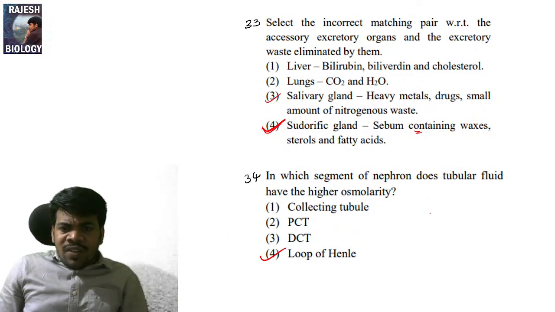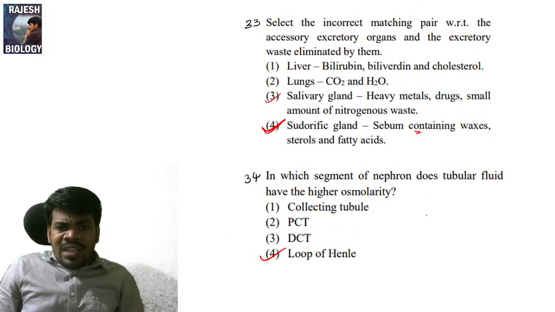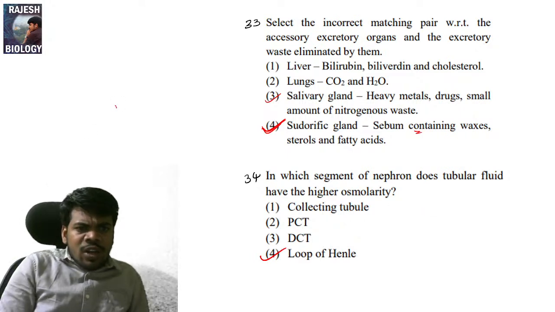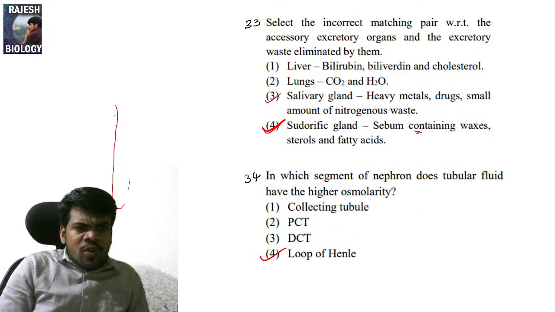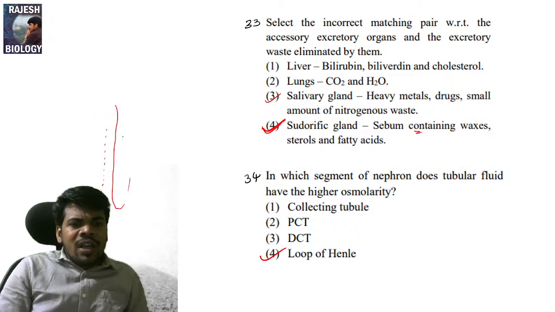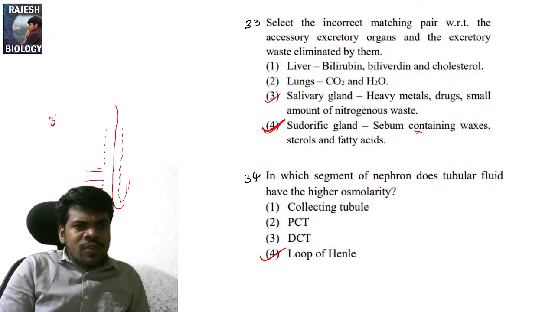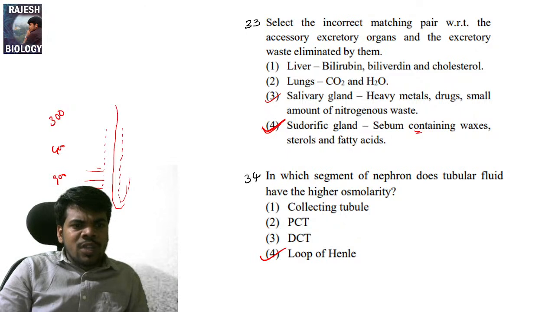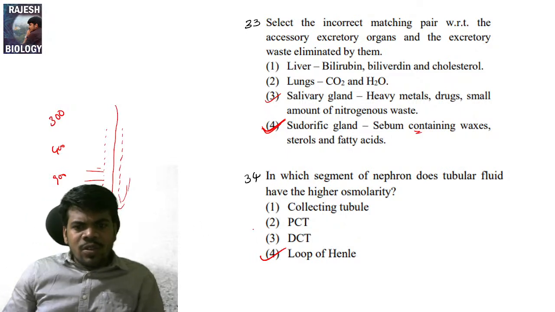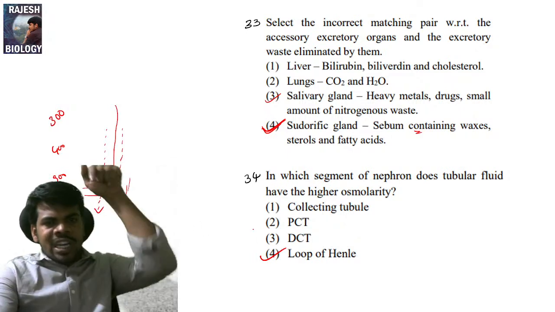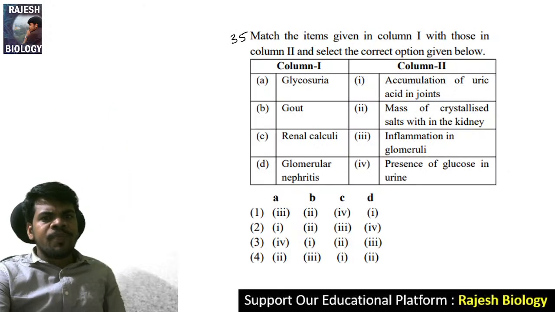When the Henle's loop enters the deeper portions of the medulla, it becomes more concentrated because medullary interstitial fluid is more concentrated. If you observe the diagram, 300 milliosmol, 400 milliosmol, 900 milliosmol, 1200 milliosmol, like that. So loop of Henle, which enters into the deeper parts of the medulla.